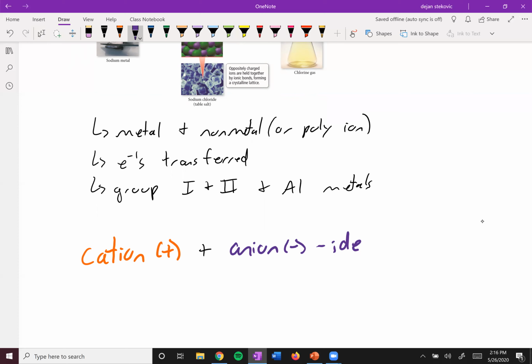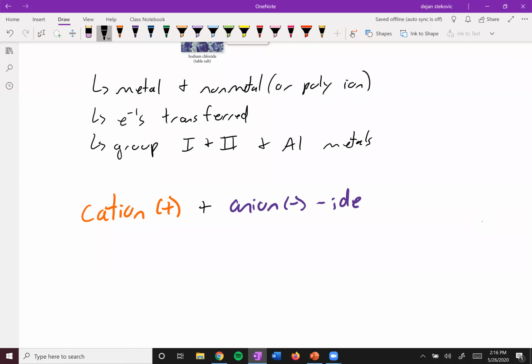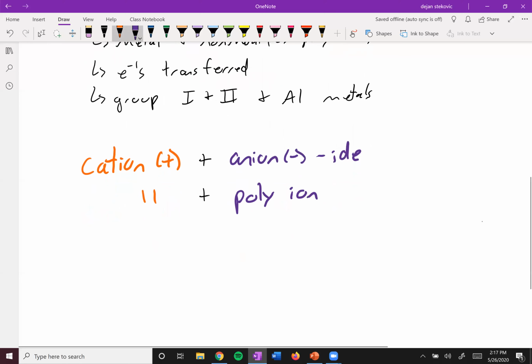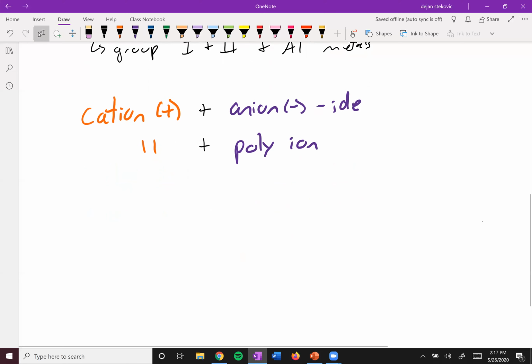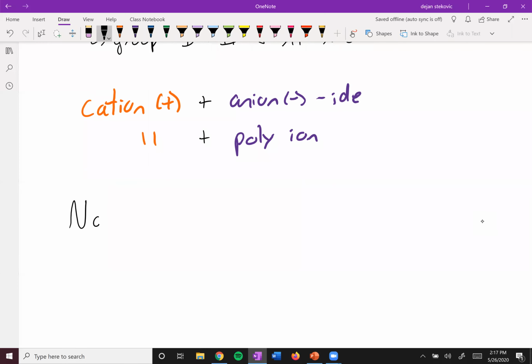So you cut off the ending and you switch it to "ide," only if it is not a polyatomic ion. If it is a polyatomic ion, then you don't change the name. You just go with the name of the cation and then the name of the polyatomic ion. This stuff is best done through practice. We'll spend some lab time on it, but let's do a little bit of practice first here.